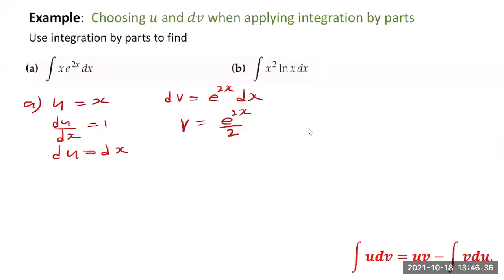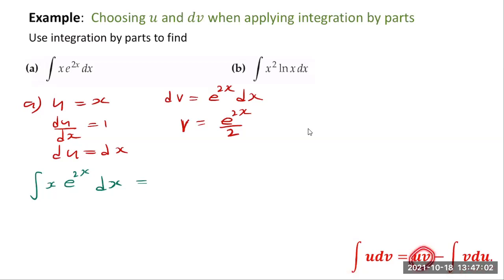Remember, that's all we need to apply the integration by parts formula. So let's write the left-hand side, which is exactly this one, that is equal to, now I go with the integration by parts formula, x times e to the power 2x dx is equal to u times v minus integration v du.